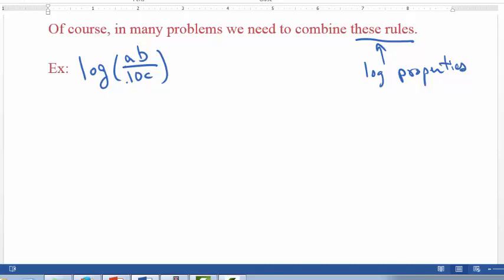So you might say, all right, I'll do this in about 3 steps. I'll do the quotient rule first, then the product rule in the numerator, then the product rule in the denominator. I wouldn't recommend that though.